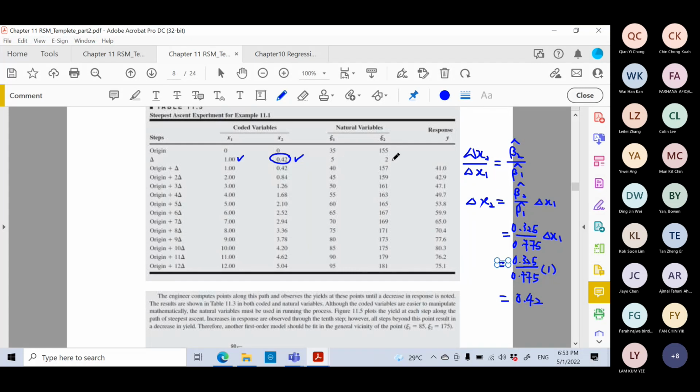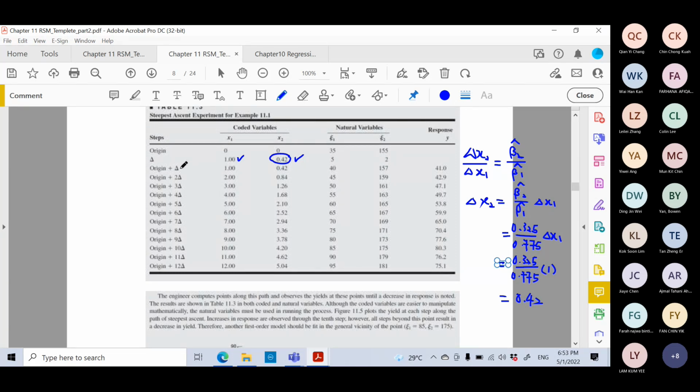How do we decide the 5 units and 2 units? They are given by the relationship in this equation. Of course you need to fix a certain level first. You increase by 5 units here, then you will know the xi2 for the second variable.